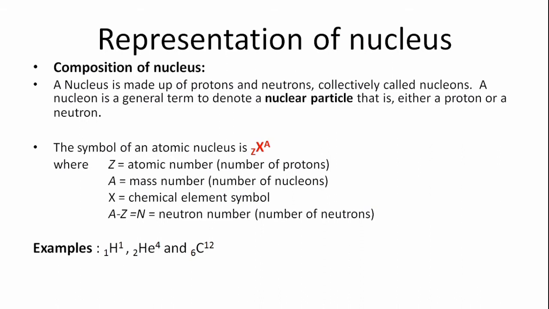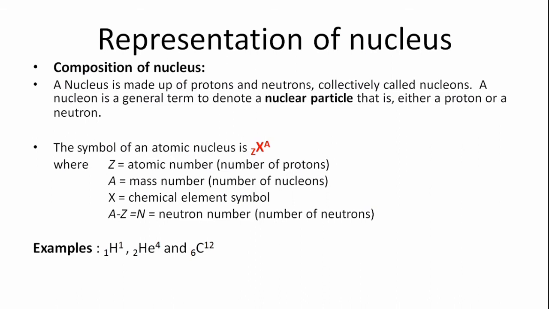Some examples of nuclei are 1H1, that is a hydrogen nucleus, 2He4, that is a helium nucleus, and 6C12, that is a carbon nucleus.